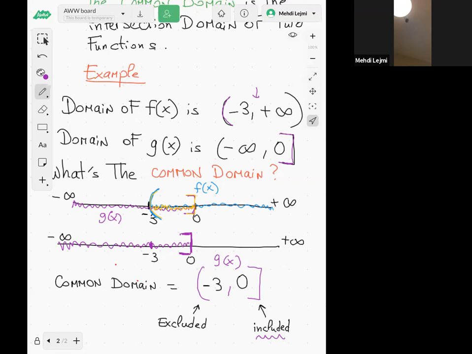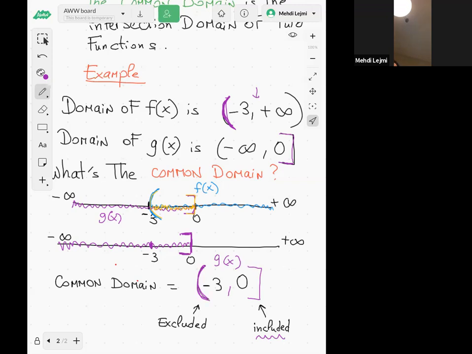The -3 is excluded because, as you can see, it's excluded from the domain of f. So it doesn't belong to the domain of f, so it's not common to f and g, because it's not in the domain of f. So it's not a common value. That's why it's excluded.